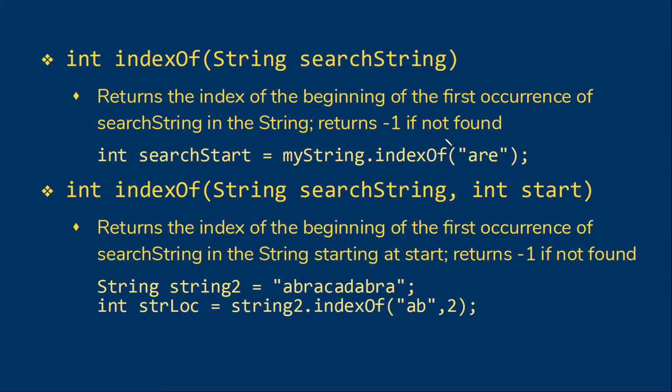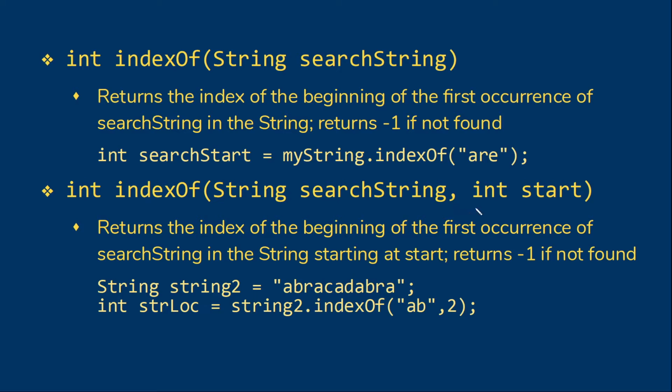And if it's not there at all, it'll return -1 because that's not a valid index. That's what we use to say, hey, didn't get it. So with our "roses are red", our indexOf the "ar" in "are" was 6. So searchStart would be 6.